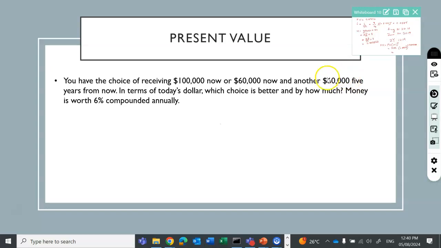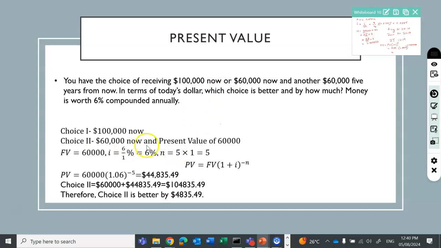So this will be a future value. Your I you can calculate as 6% annually, that is 6 divided by 1. And you can find N, that is 5 years compounded annually, so 5 times 1 is equal to 5. And you can substitute in the formula to find the present value.